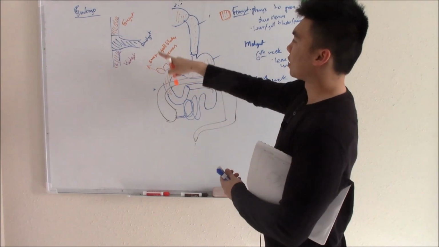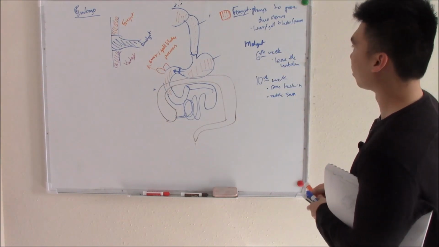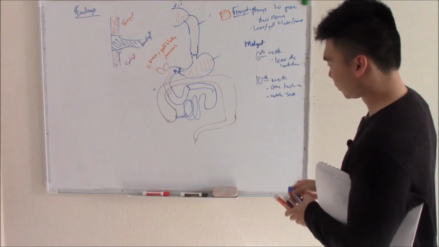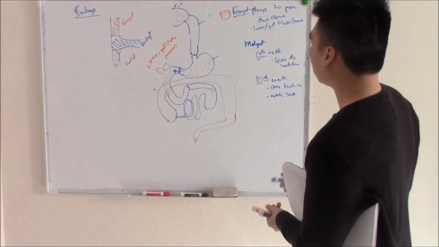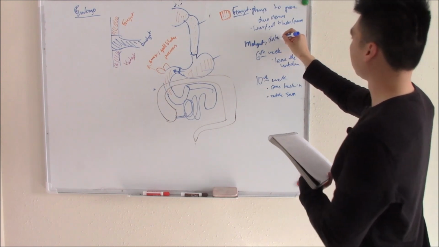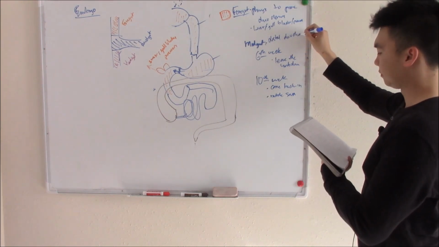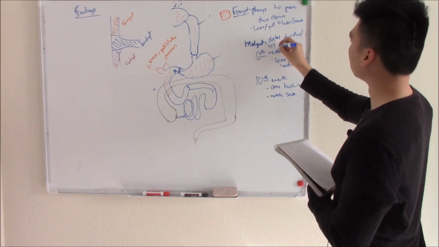We'll talk more about this development in our next video, but just know that it's still part of our foregut. Your midgut, we said, blows out, and your midgut will include your distal duodenum and 2/3 of your transverse colon.